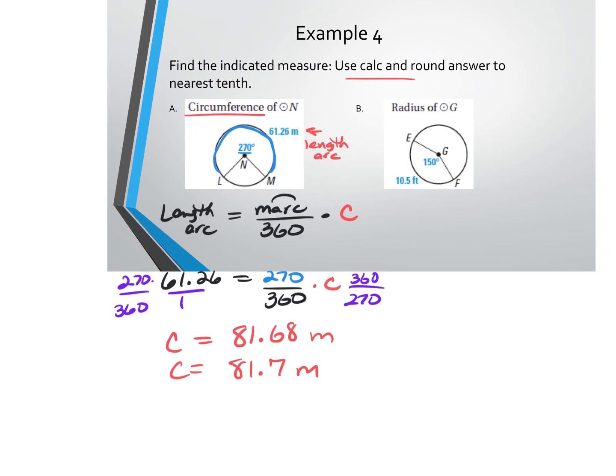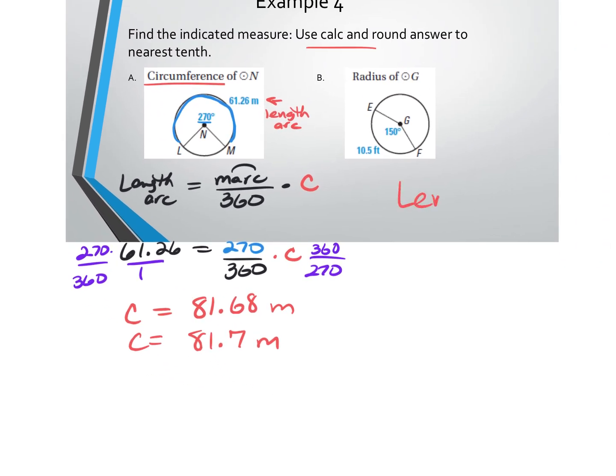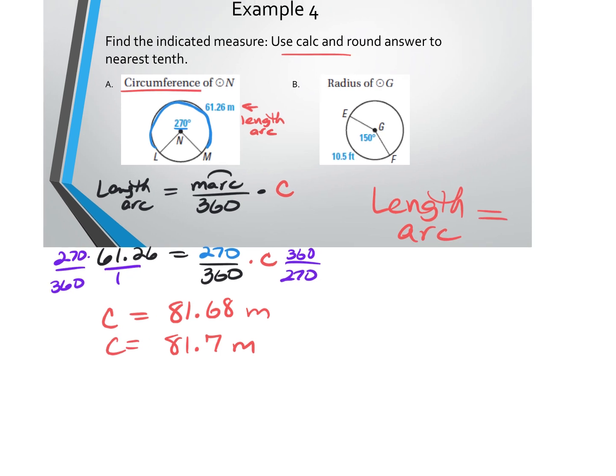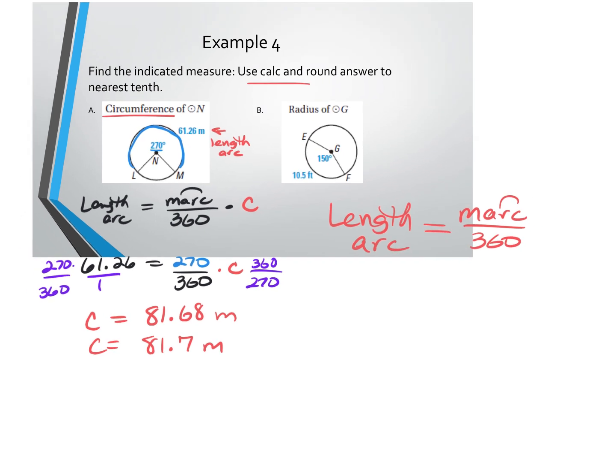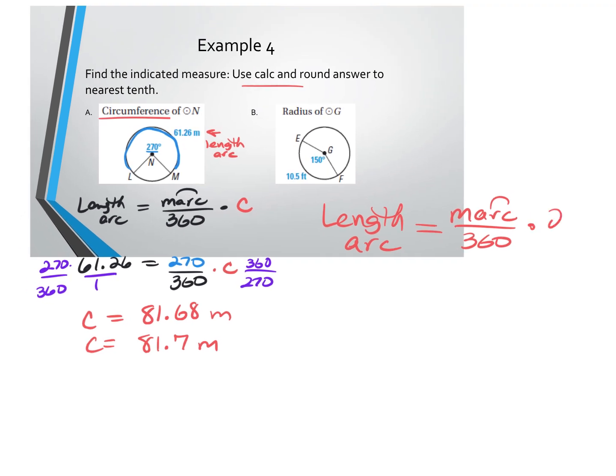What I'm going to do is the same thing. Length of the arc is equal to measure of the arc divided by 360, but this time they want me to find the radius. So instead of putting a capital C here, I'm going to put the formula that has the radius in it. So let me fill in what I have.